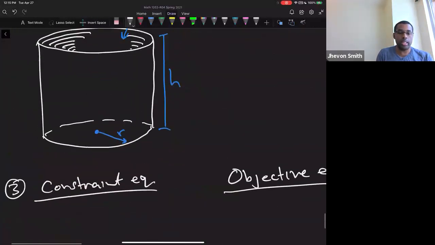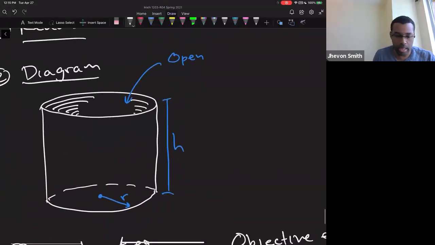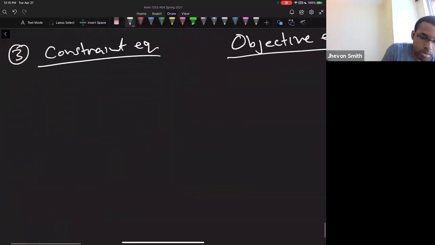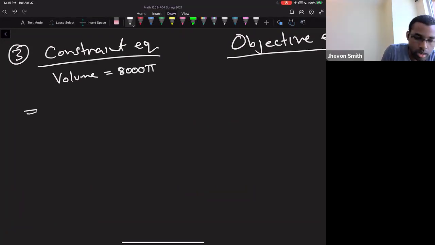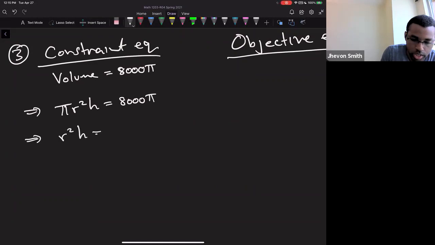We also know that the volume of a prism is the area of the base times the height. So this means we know that volume equals 8,000 pi cubic units. This means that pi r squared h equals 8,000 pi. Or in other words, r squared h is just 8,000.